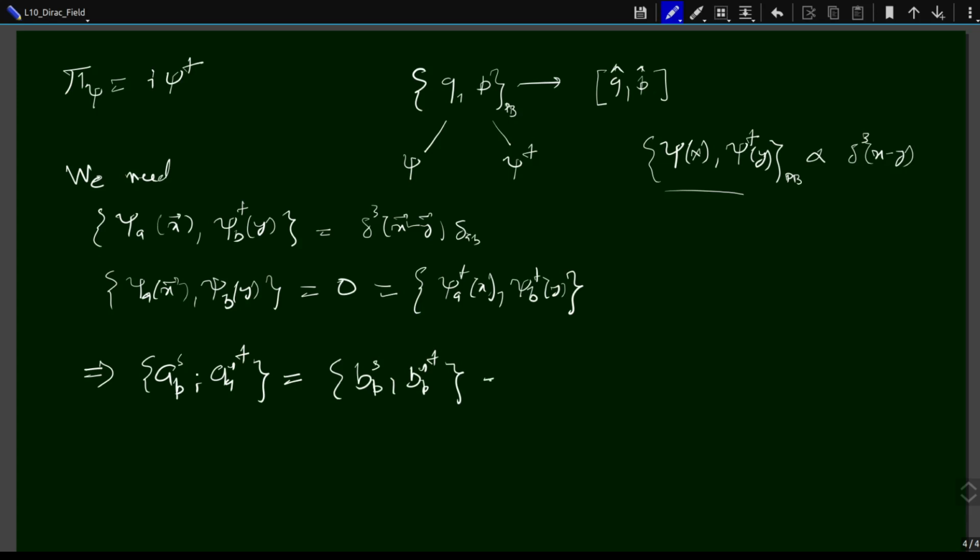So both these anticommutators are the same, and equal to 2 pi cubed times E_Q times delta 3 of P minus Q, and of course delta.